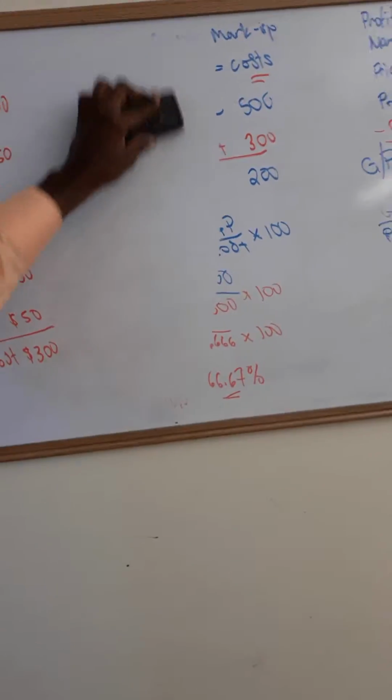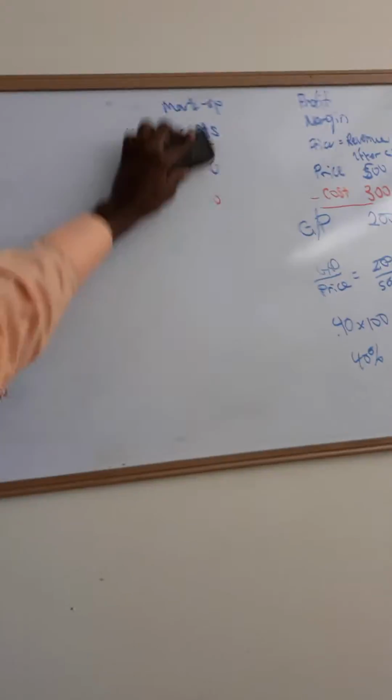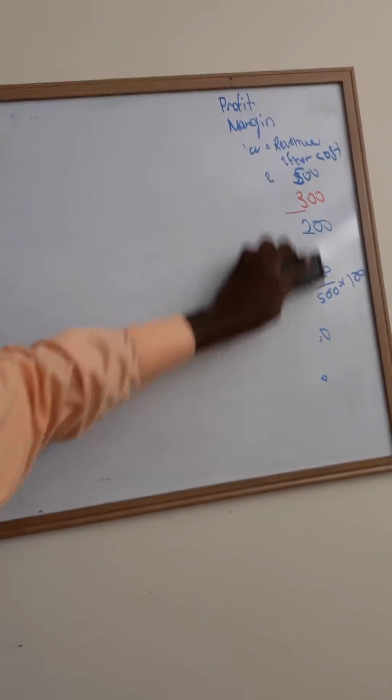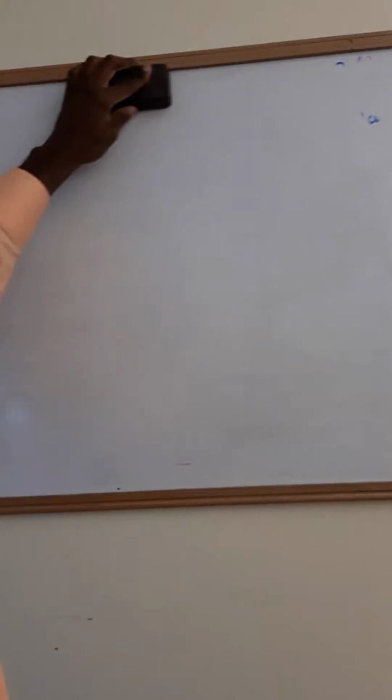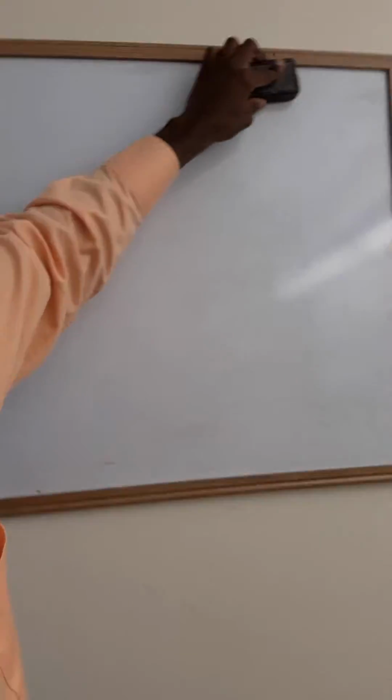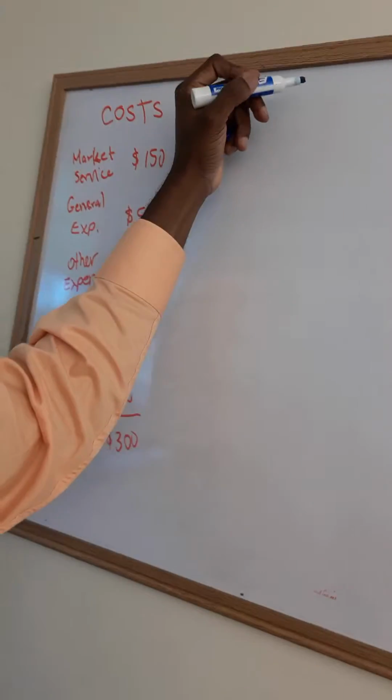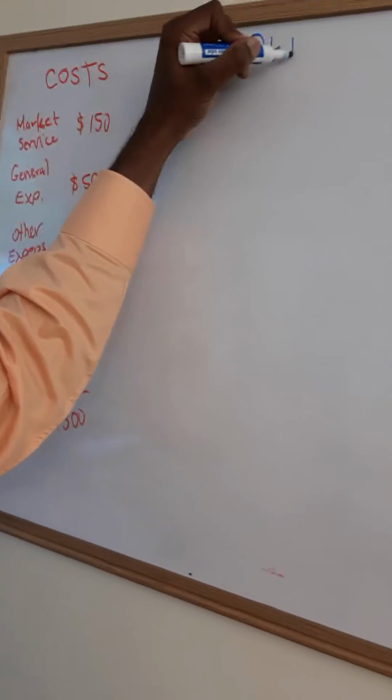Let's see how it plays out, and we're going to do what's called a profit and loss analysis, okay? A profit and loss is going to show us what our cost is related to the services that we have. Now, we said that we made a sales price, all right? Let's do a P&L.